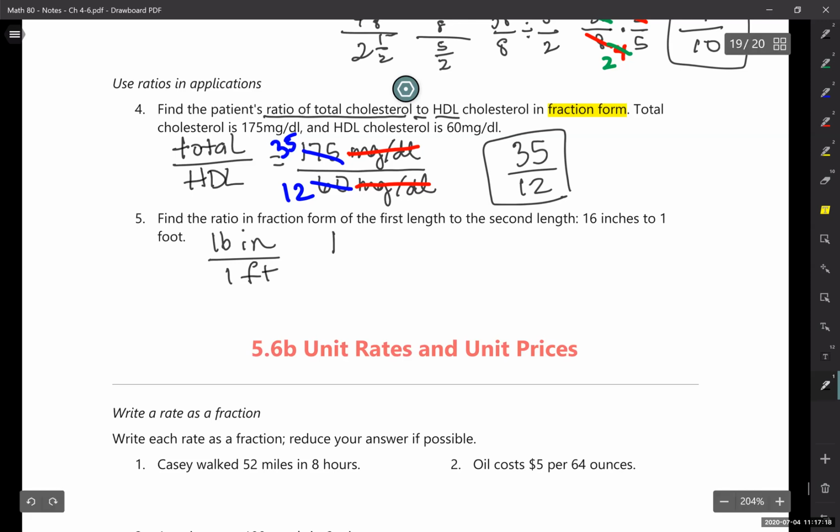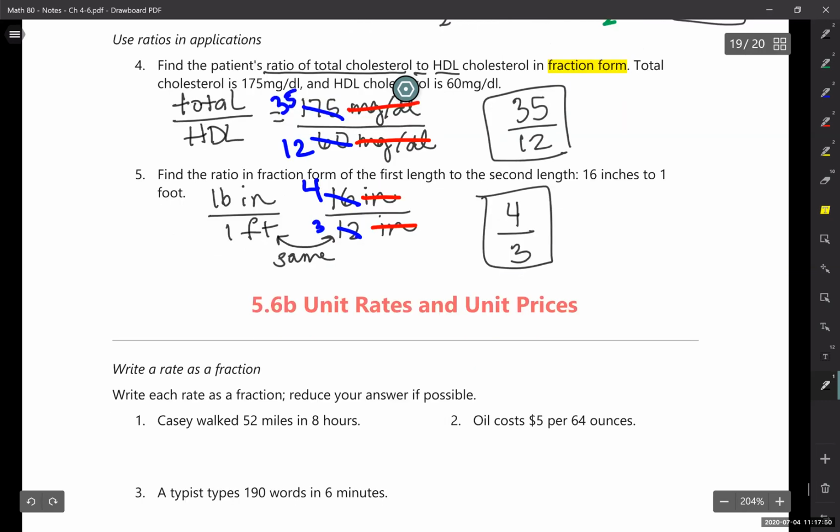So instead of 16 inches over 1 foot, I'm going to call this 16 inches over 12 inches, because 1 foot and 12 inches is the same. And so now I can cancel out the units, and I can reduce 16 over 12 because 4 goes into both of them. And the final answer is 4 over 3.